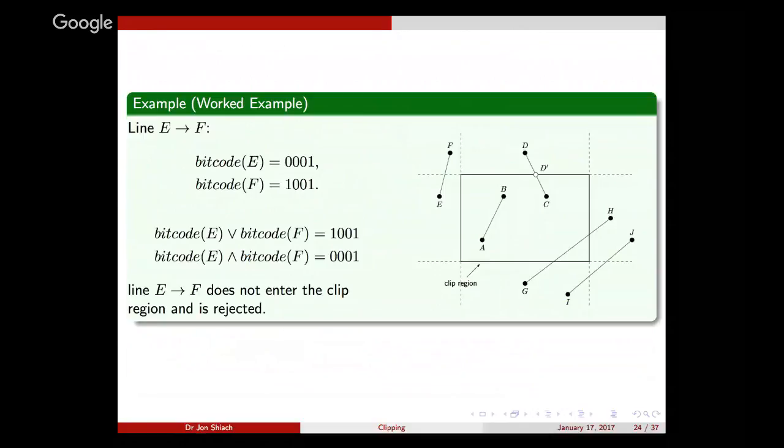Okay, check whether we can draw the line, so E or F. Because this is non-zero, we can't draw the line as it stands. Check whether we can reject the line, E and F. Because this is non-zero, that means we can just reject it. We don't even have to clip it. It never enters our window. Okay, so we can just reject that.